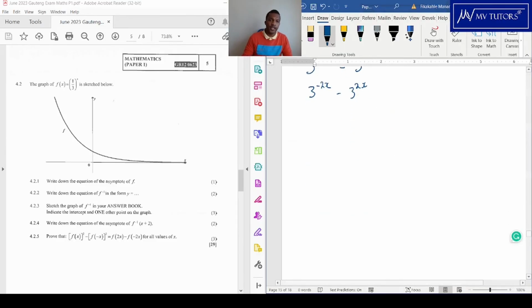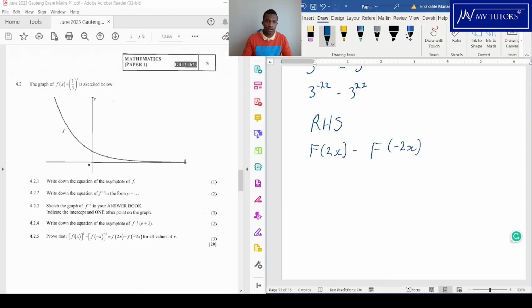Let's check out the right-hand side. On the right-hand side we have f of 2x minus f of minus 2x.